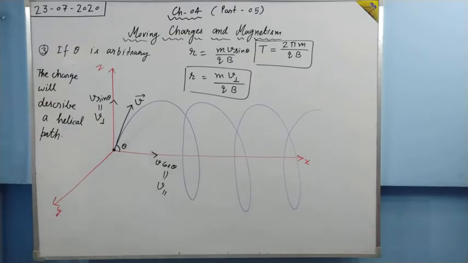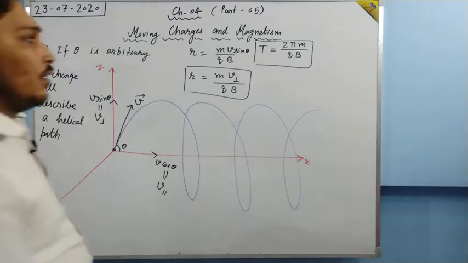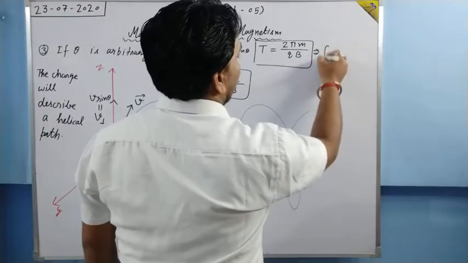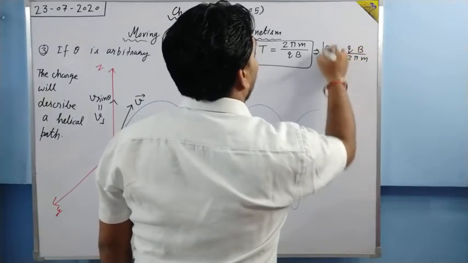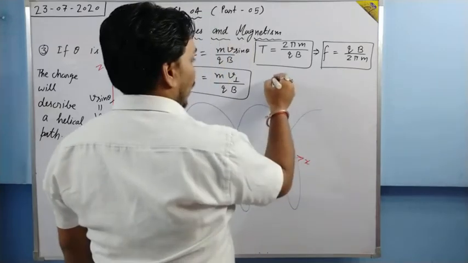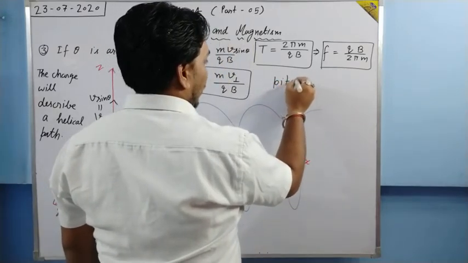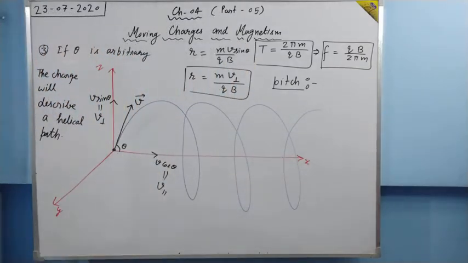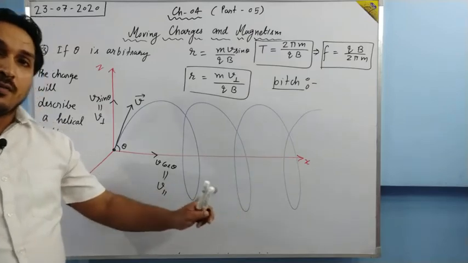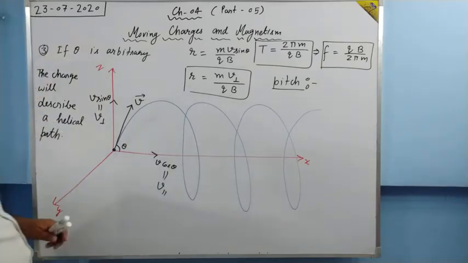And from the time period, of course, the frequency is equal to qB upon 2 pi. One more thing is defined, and that is called pitch. What is pitch? Pitch is the distance covered by the charge in the direction of the magnetic field when it describes one complete circle.